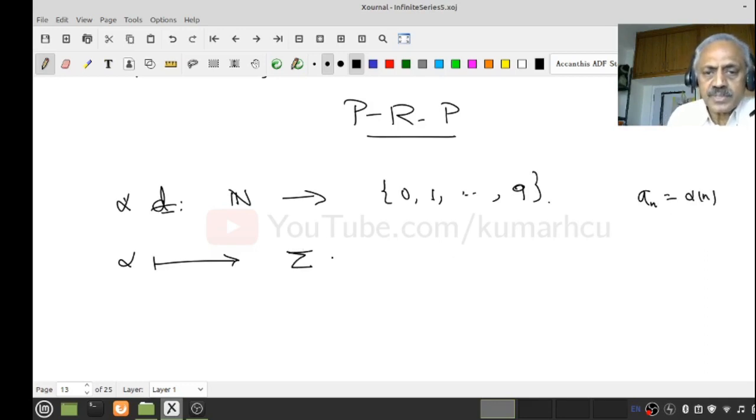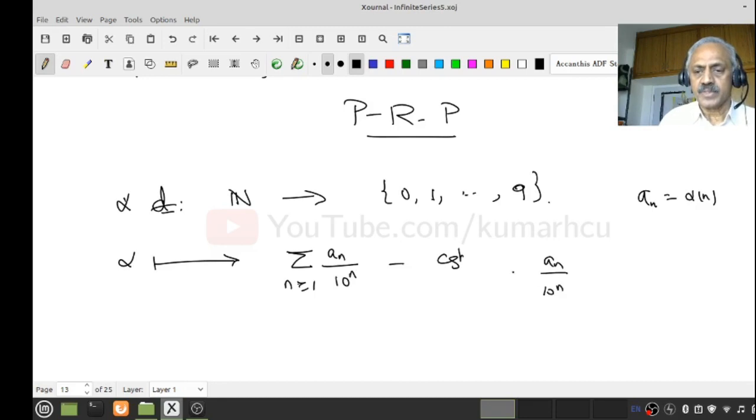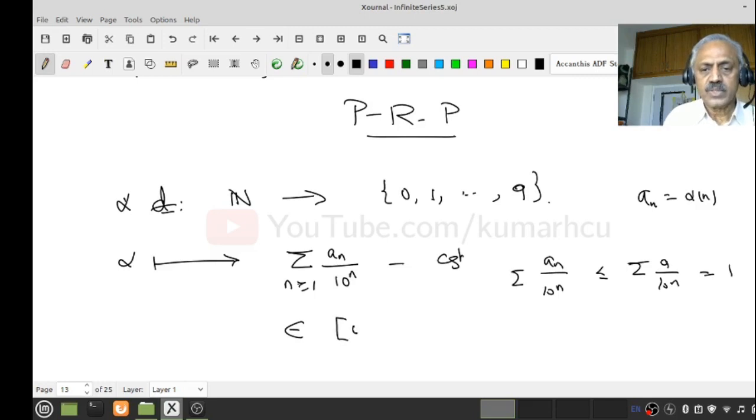I can associate it to the sum of a_n/10 to the power n, n greater than or equal to 1. We already know this is convergent, right? And we also know a_n's are greater than or equal to 0. Therefore this is a non-negative series, and it will be less than or equal to the sum of 9/10 to the power n, which is 1. Therefore this sum is a number lying between 0 and 1.